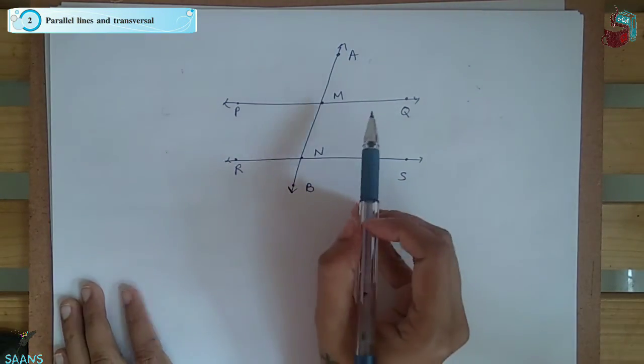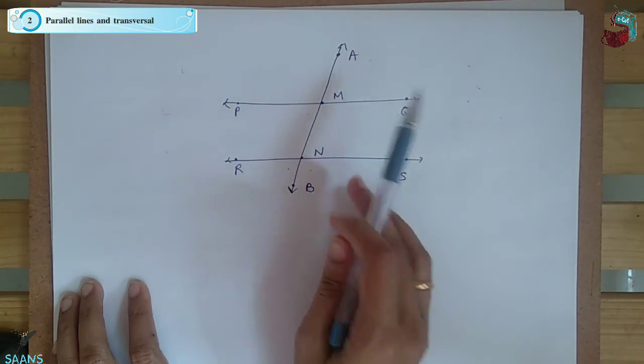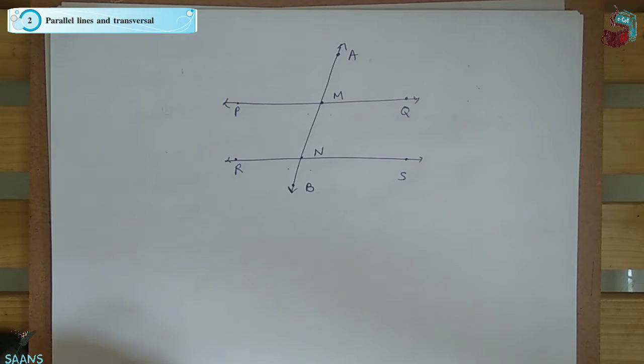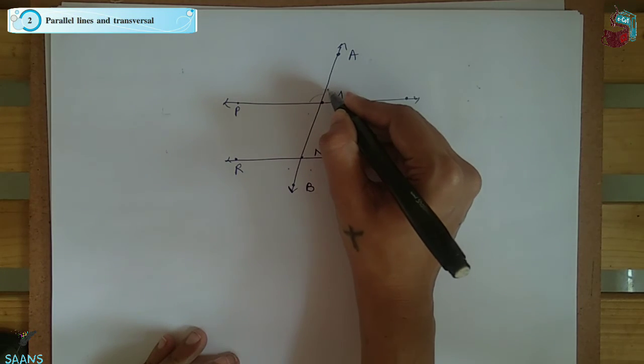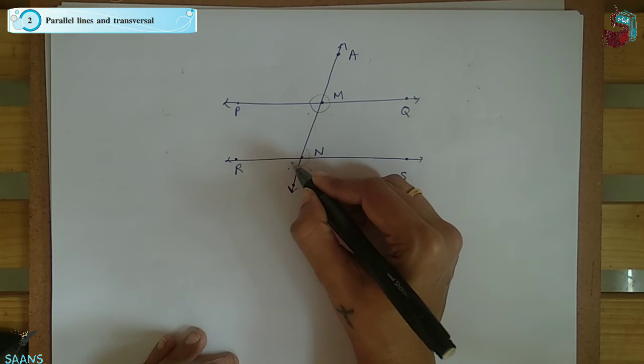Yes, same thing. 1 2 3 4 5 6 7 8. बट हम लोग ये 8 एंगल्स को, जैसे देखो इधर 1 2 3 4 5 6 7 8.